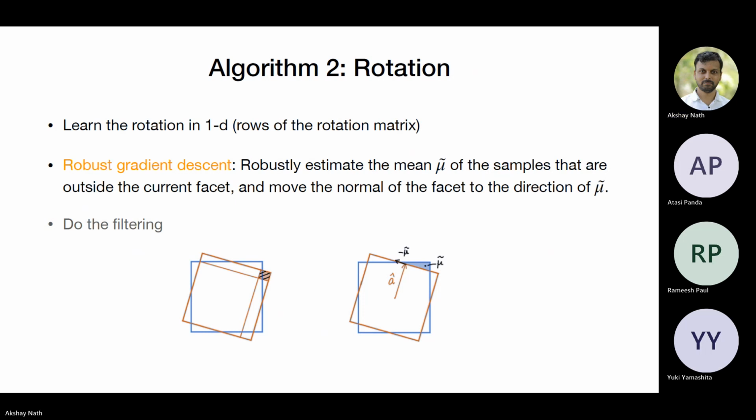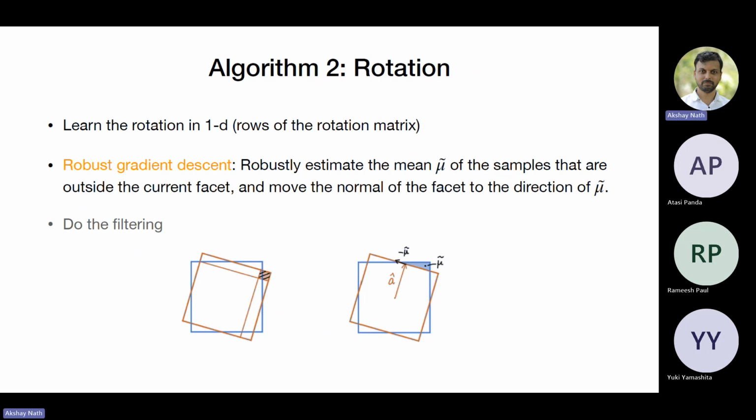Again, we'll do the filtering step, and after the filtering step, we collect the points. Orange is our current estimated cube, and blue is the true transformed cube. There will be some good points outside the orange cube, but inside the blue cube. This is the part we focus on.